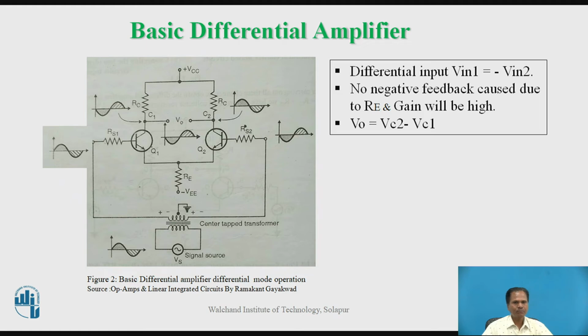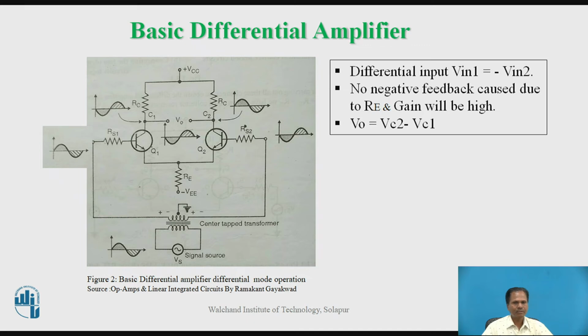When two input voltage signals of equal magnitude and opposite polarity are applied to the differential amplifier, that is, when the two input signals are different, let us consider the differential input signal Vin1 equal to minus Vin2.